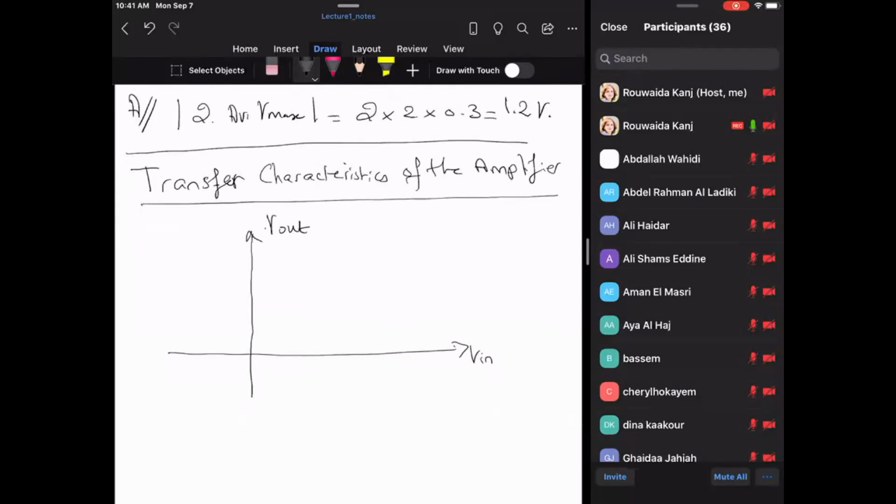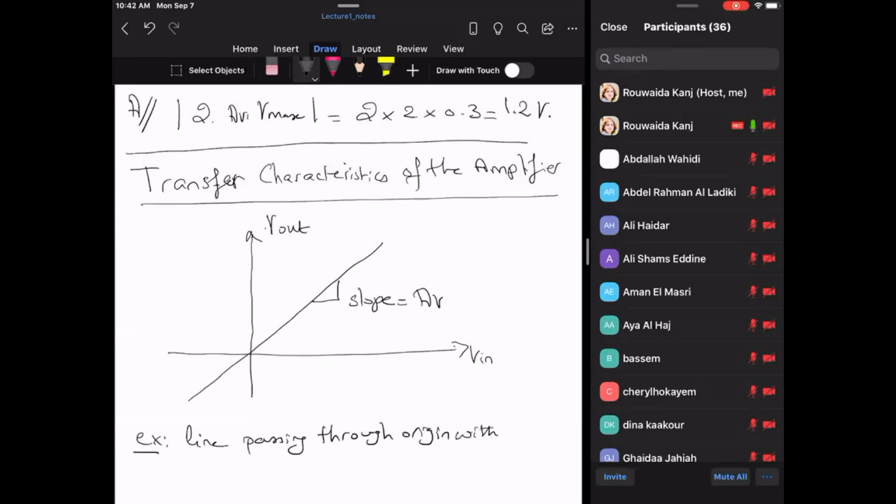If these are my transfer characteristics and I have a line passing through the origin, then the slope of the line will be equal to the gain AV. This represents a plot of VO versus VN.